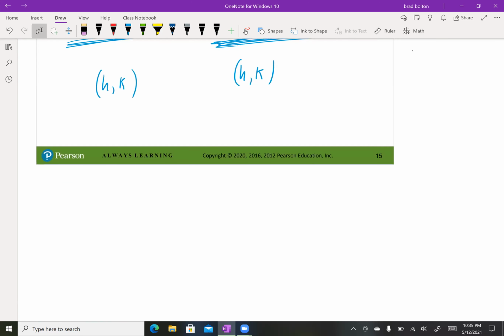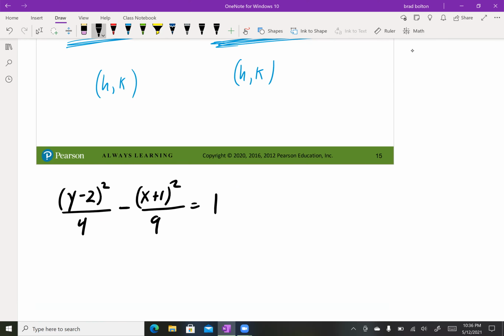So if I have a hyperbola like this, let's do y minus 2 squared over 4 minus x plus 1 squared over 9, and let's say this equals 1.